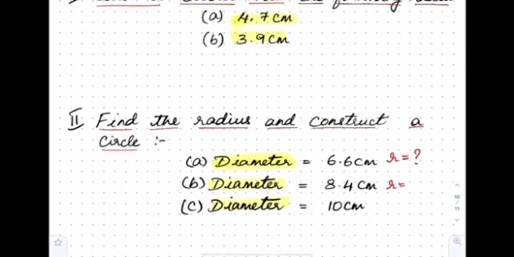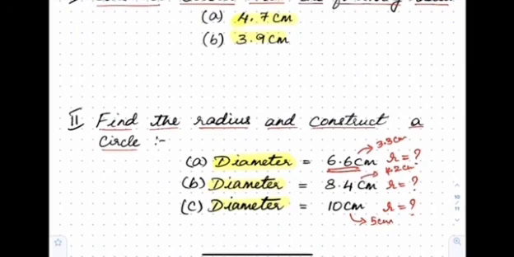You need to find the radius first and then have the construction done. This one would come up to 3.3 centimeters, correct? Then this one would be 4.2. Then this would be 5 centimeters. I hope all of you got it, children. Have the radius calculated and then construct a circle.